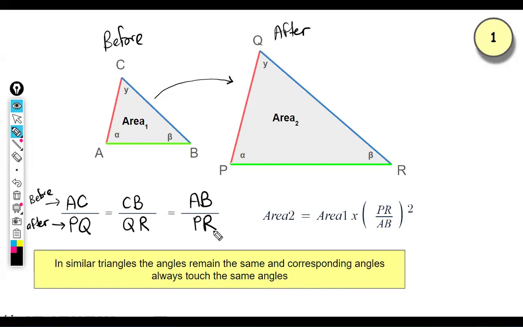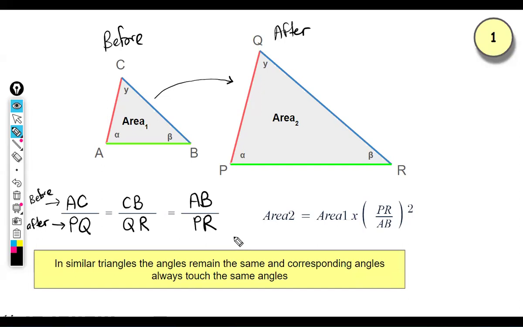All the after values, like the PQ, the QR, and the PR, could go on top, and the before values could go underneath. You would also get the same answer when you are doing calculations. But just be consistent about it. For this class, before values go on top, after values go underneath.